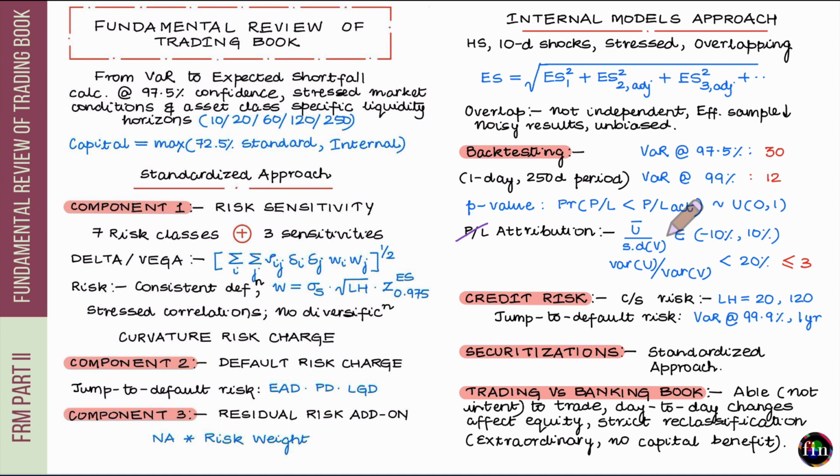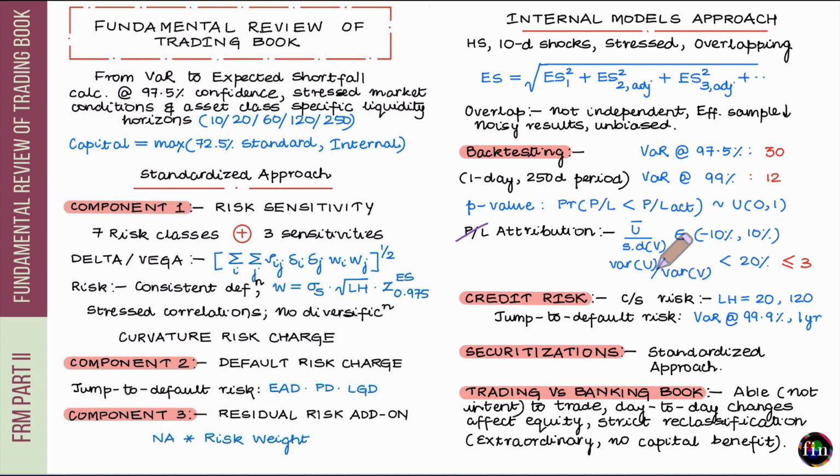This ratio essentially tells me how biased or unbiased my model PNL is. Also, the variance of U divided by the variance of V, this ratio should be less than 20%.